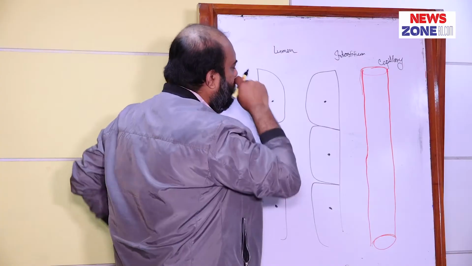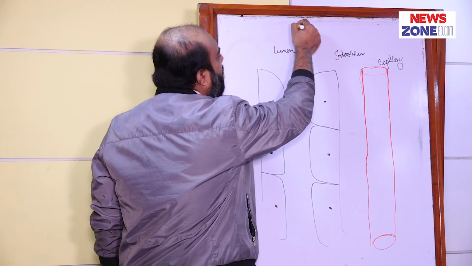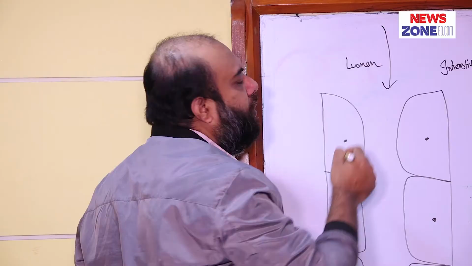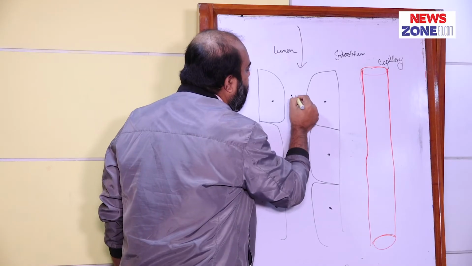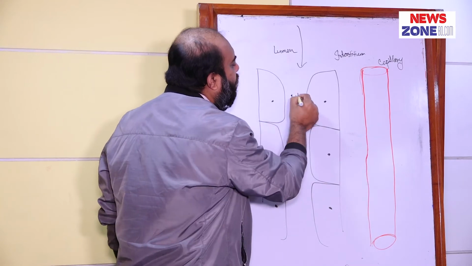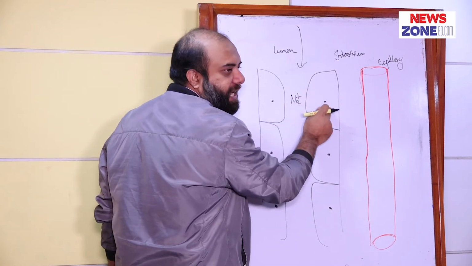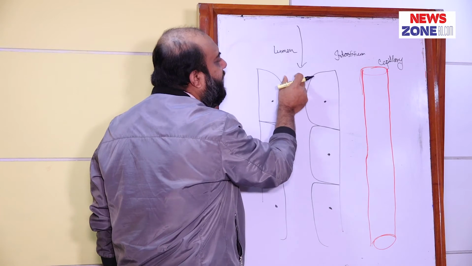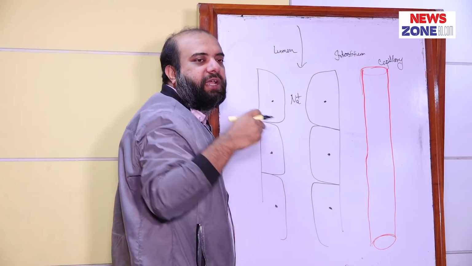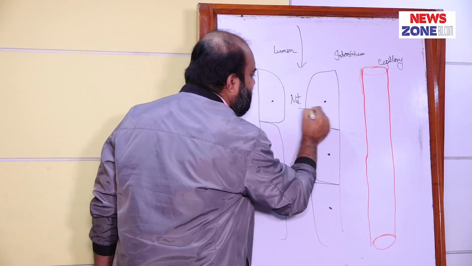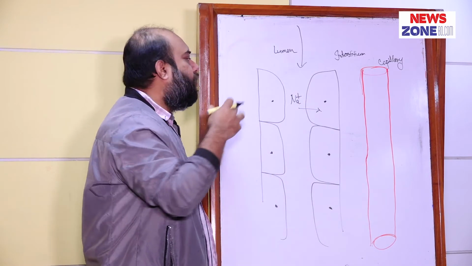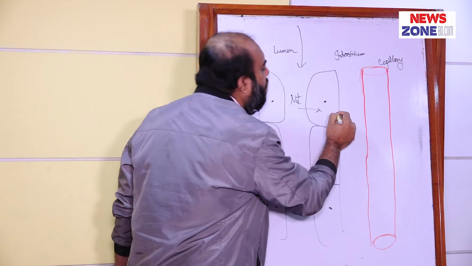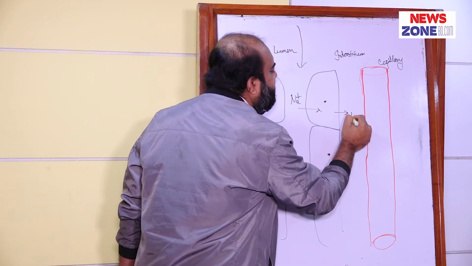At first, sodium ions come from the Bowman's capsule with the glomerular filtrate into the lumen. Now from the lumen, sodium ion will go from here to here. That means from the lumen it will enter into the renal tubular epithelial cells, and from the renal tubular epithelial cells, where will it go? It will go into the interstitium.